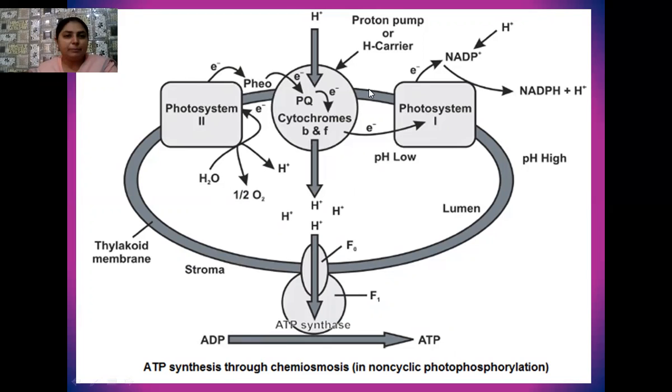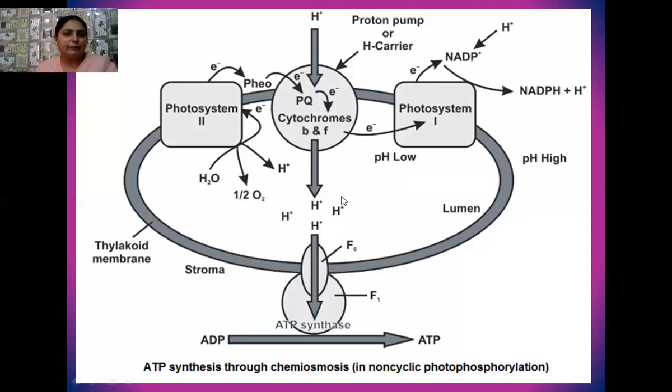Most of the primary acceptors are inside the thylakoid membrane, but there are some primary acceptors, such as NADP, that are present outside, on the outer surface of the thylakoid membrane. So the electrons also have to reach this NADP molecule.